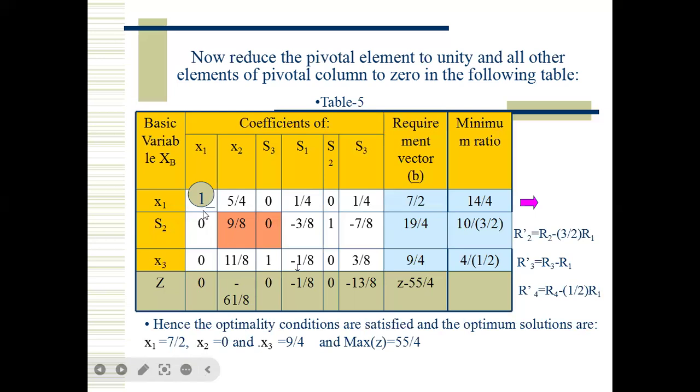Hence the optimality conditions are satisfied and the optimum solution is x1 equals 7 by 2, the value from the requirement vector. Here x2 is not basic, this is why it is 0, and x3 is basic with value 9 by 4. So maximum z equals 55 by 4.